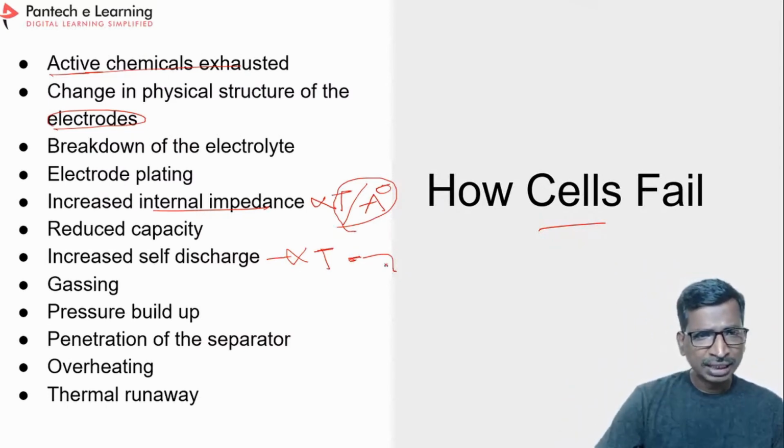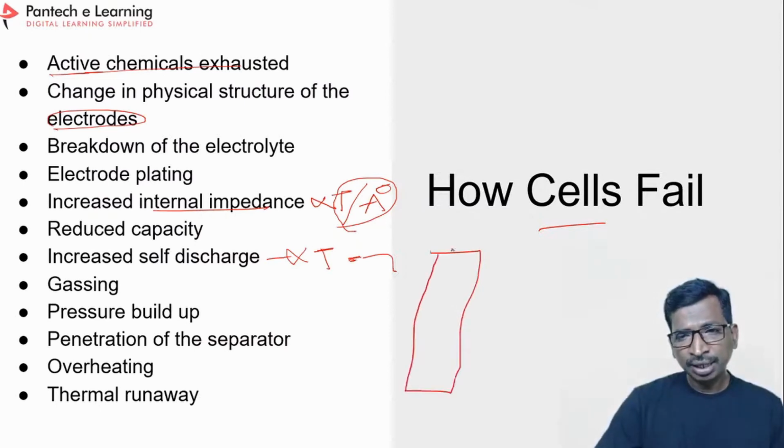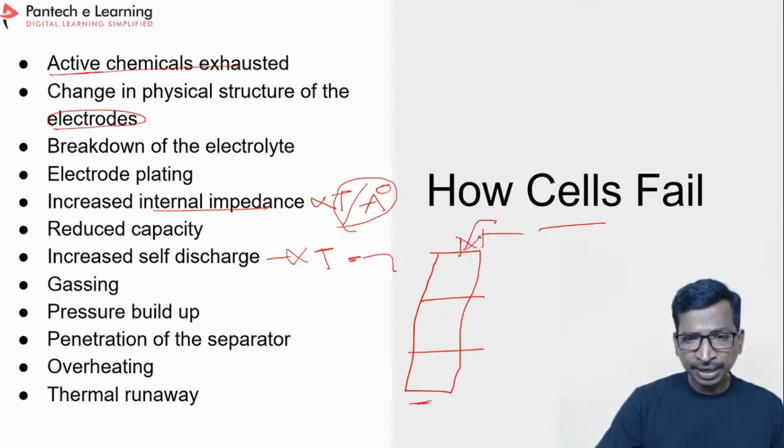And the gassing. Sometimes, if you are improperly managing the battery, see, as you know how the battery works, inside the battery there will be plus and minus, and a number of stages. Whenever you are charging or discharging the battery, there will be a chemical process, right?